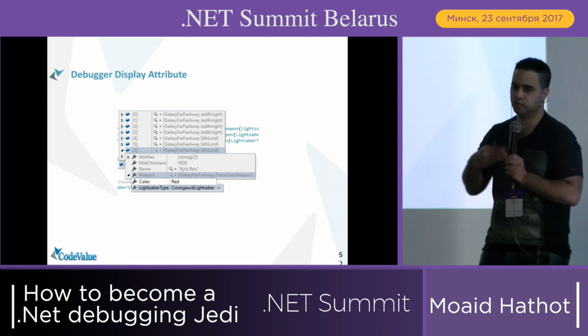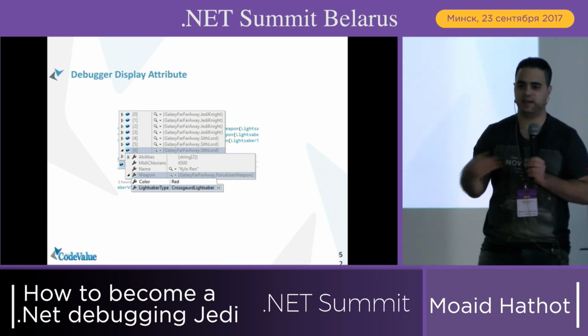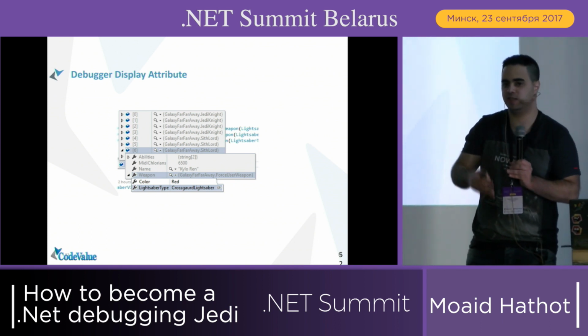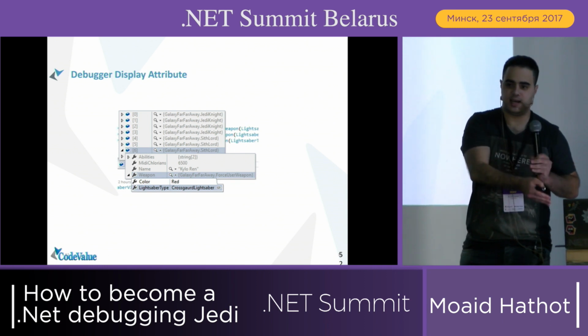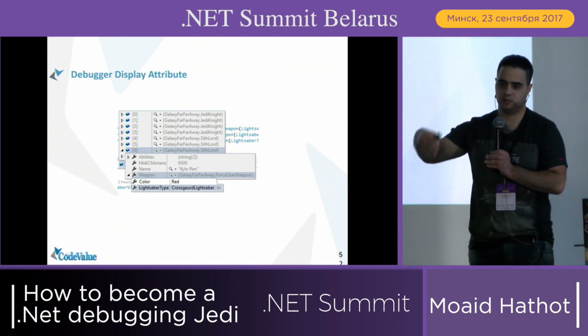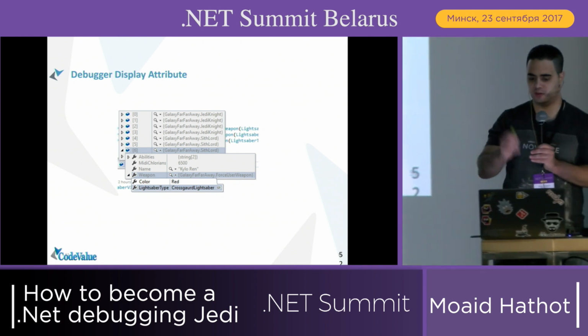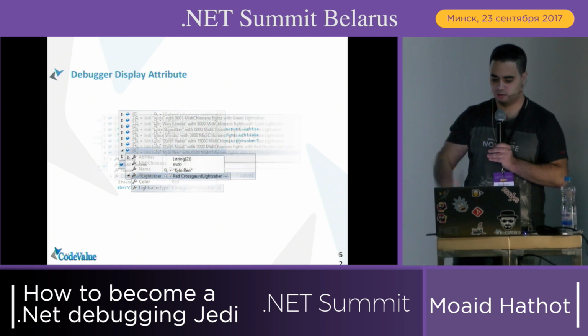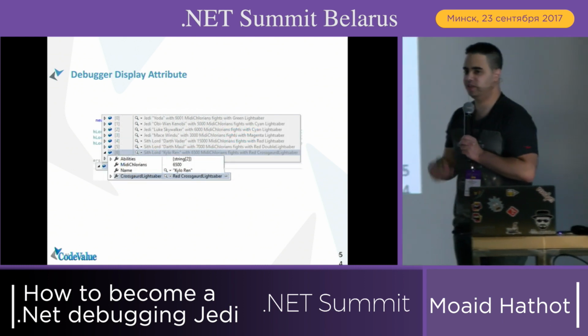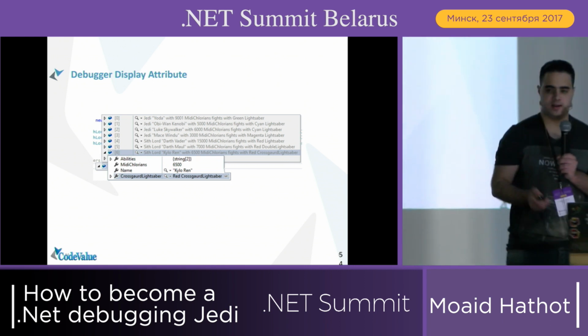Maybe I don't want to change my ToString just for debugging purposes, or maybe I can't. Maybe this is not my code. Maybe this type that I'm trying to view here is actually part of some library that I don't own. So I actually can't change it from this to this, but I can specify what is the information that I want to see. How can I do that?